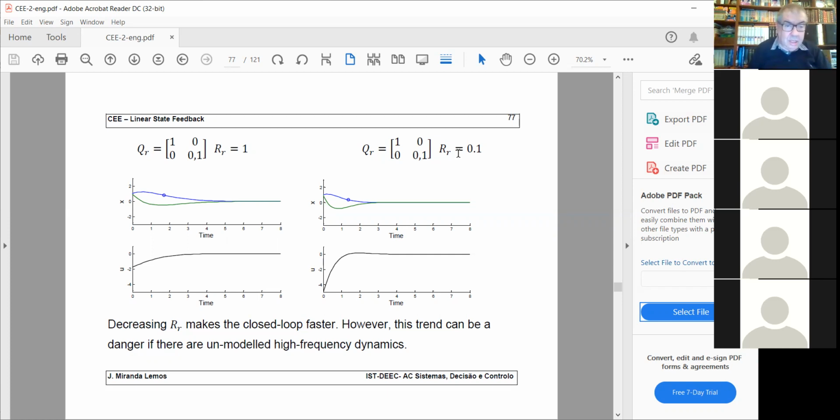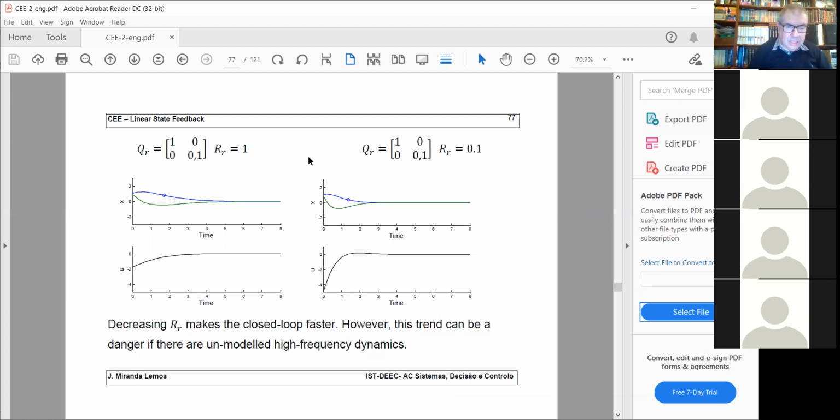So perhaps you would like to increase R a little bit so that your system becomes slower, the bandwidth becomes smaller, okay? And you don't excite the high frequency dynamics because the gain of the closed loop has decreased so much in high frequencies that this high frequency parasitic or unmodeled dynamics is no longer excited in a way that causes instability.